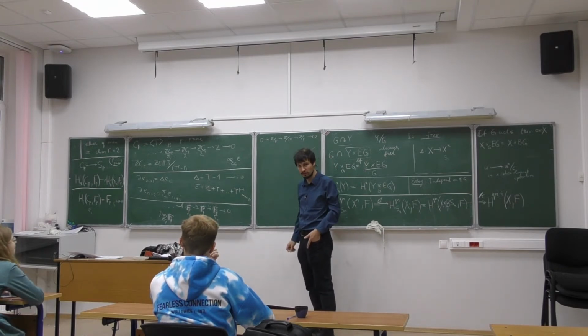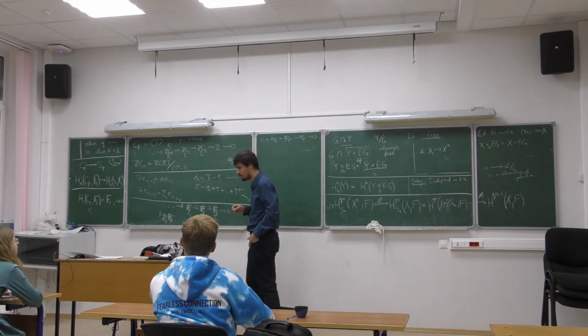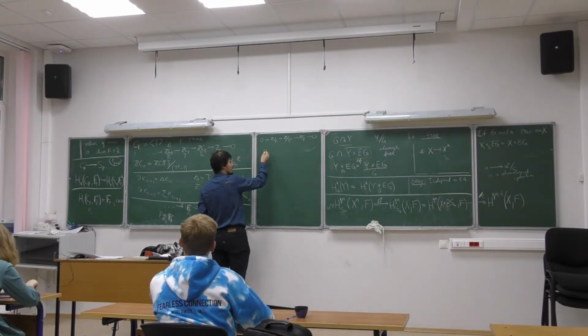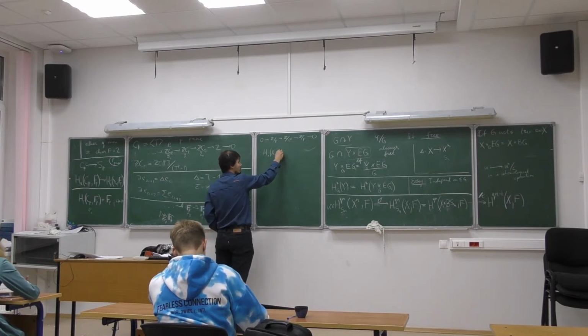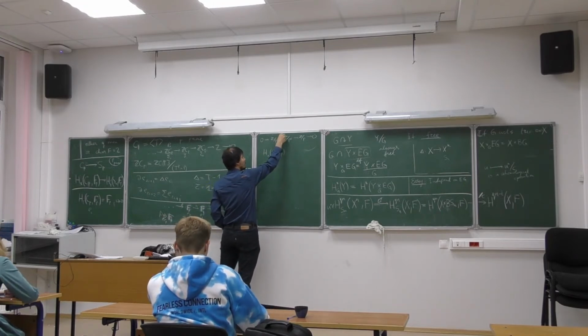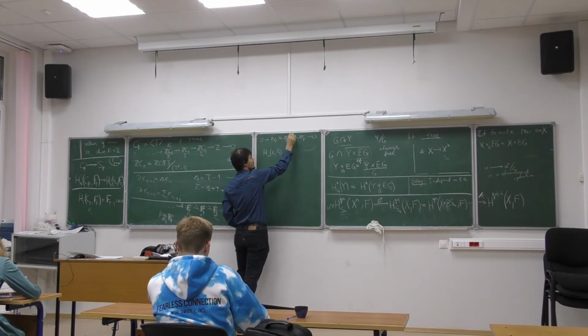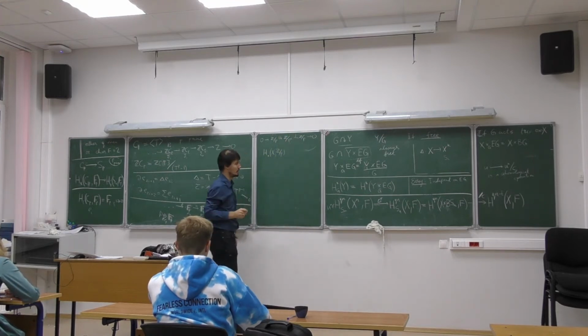I write it for homology, but it is the same for cohomology. If I take the homology of any space X with coefficients Zp, let this map be i and let this be j.